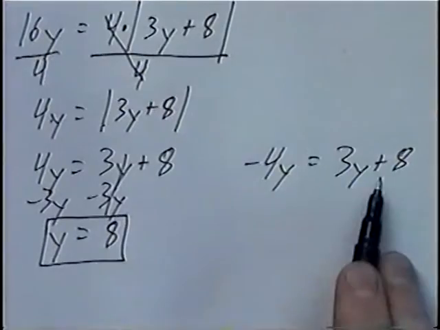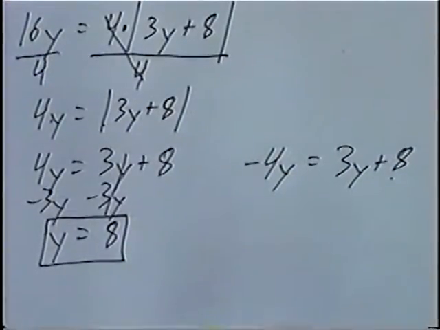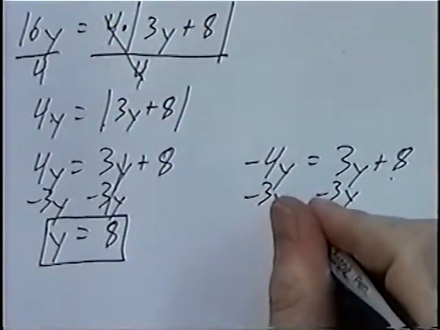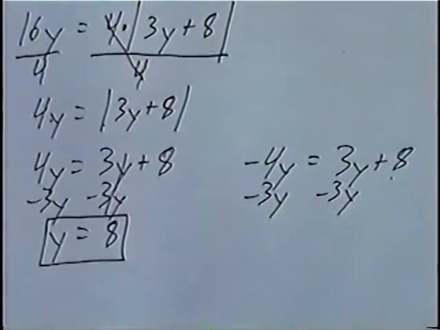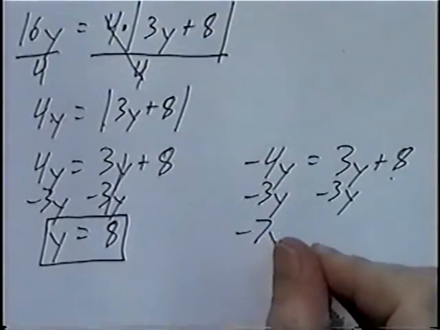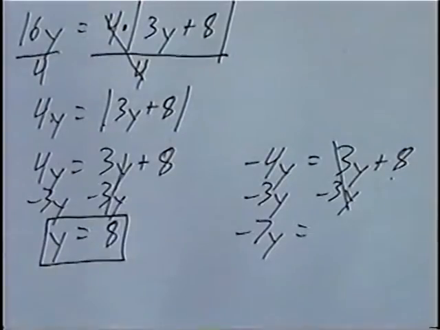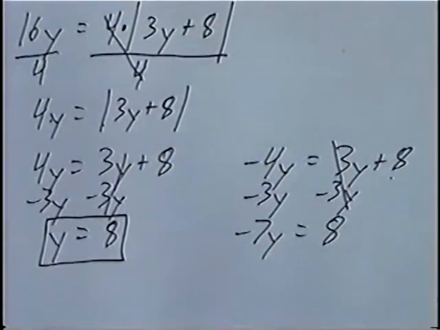Second equation that we have on the right-hand side. Same steps, we can subtract 3y on both sides. Negative 4y minus 3y would be negative 7y. And again, the 3y's would cancel on the right-hand side and equals 8.